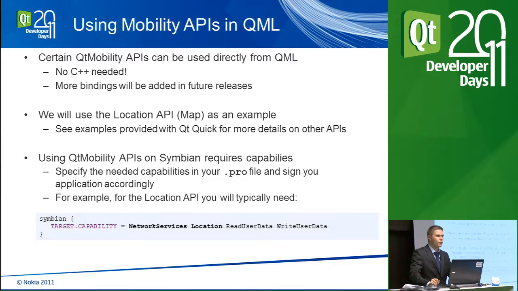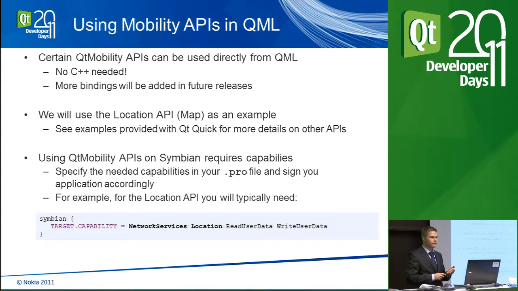So as mentioned before, we have access to a number of elements from QML. Location API is one example. There's the map API. And then we have things like sensors and others.